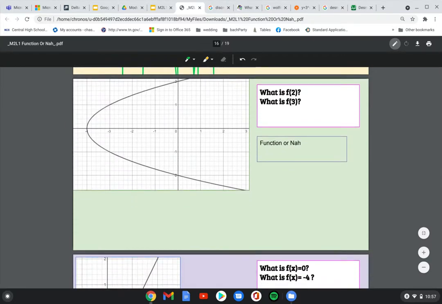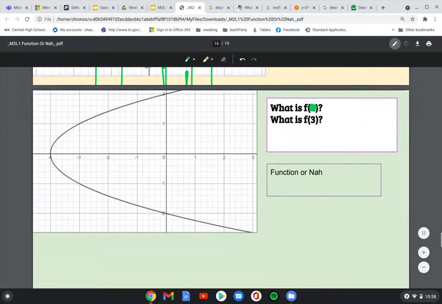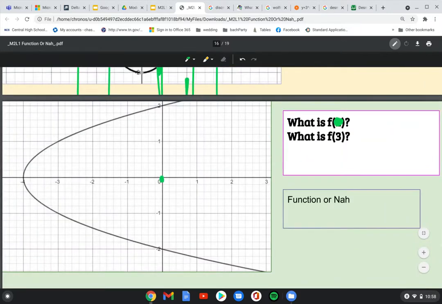Now this one says, what is f of 2? This is a little interesting. Oh, you can't even see, can you? Let's do f of 0 instead. Here's x is 0. If I look, it hits at two places. So that means it can't be a function, but we can still evaluate it.